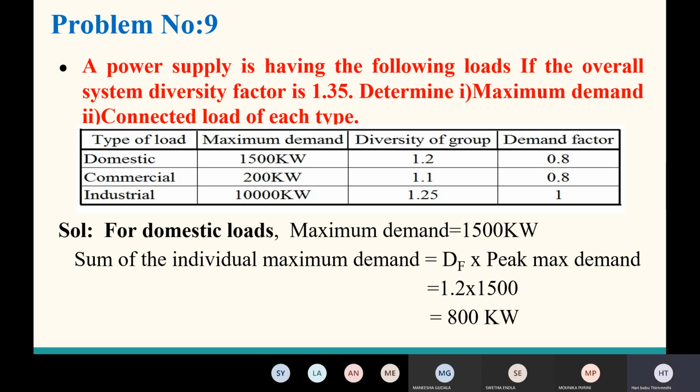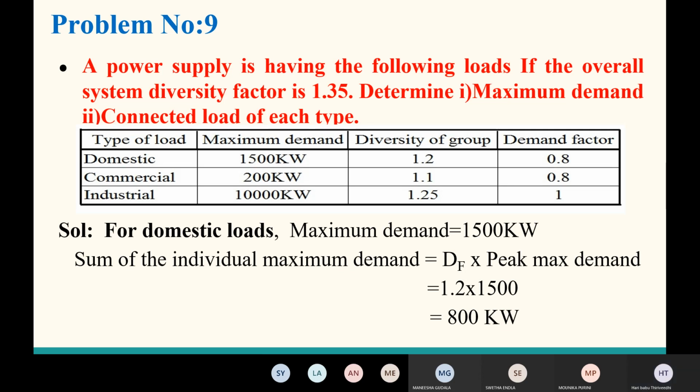The sum of maximum demands of the three types of loads is equal to 1500 plus 2000 plus 10,000.